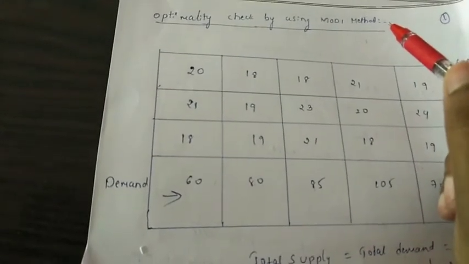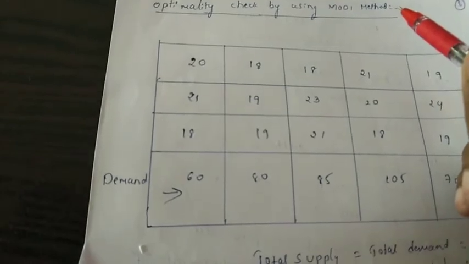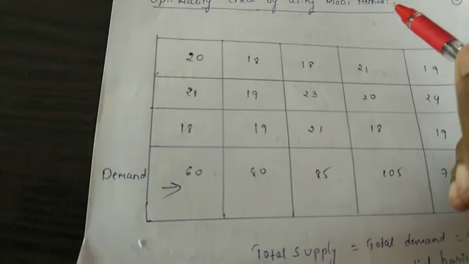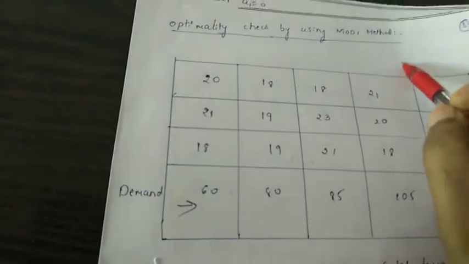Now, in this MODI method, first of all we are going to find the initial basic feasible solution. Then after that you have to check the non-degeneracy. Then you can do the optimality check by using the MODI method.